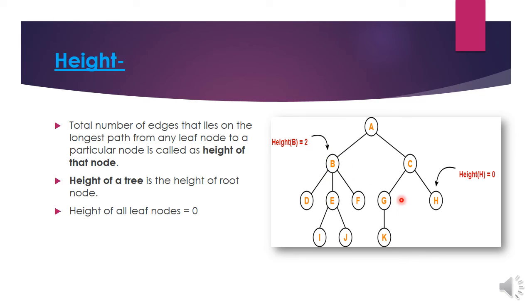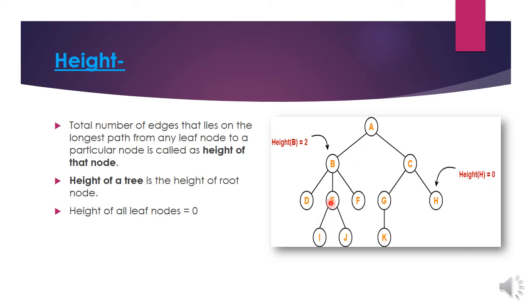Let's see the height of G node. We will start from bottom to up. There is only one edge connected, so the height of G is 1. If we want to find the height of this tree, we have to find the height of the root node.